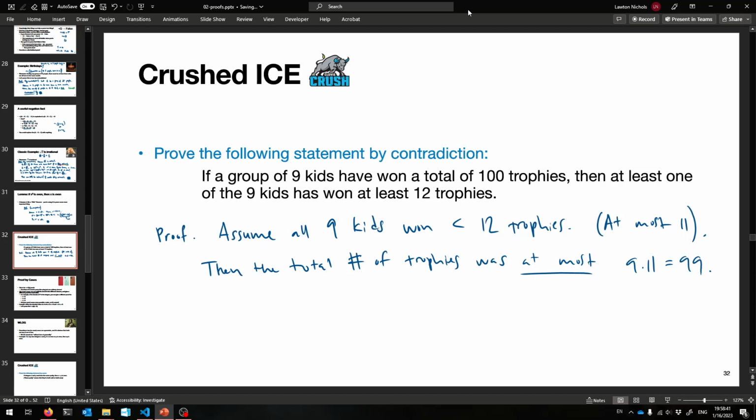So we just showed that the maximum number of trophies that the kids have is 99, but there were 100 trophies total. See how that's a contradiction?